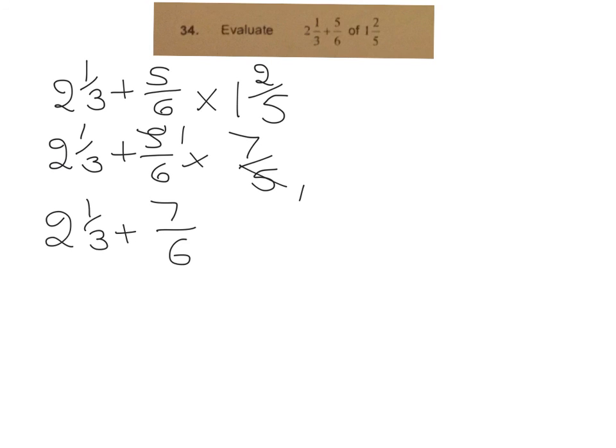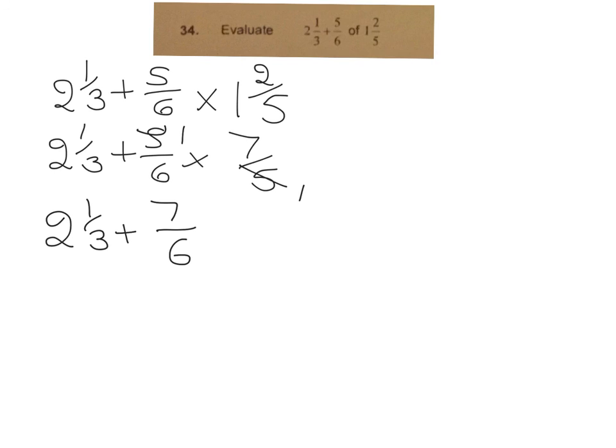And now we just need to do our add. So our problem is the thirds. We need to change it so we've got the same denominator. To change a third into sixths, we're going to multiply top and bottom by 2, equivalent fractions.